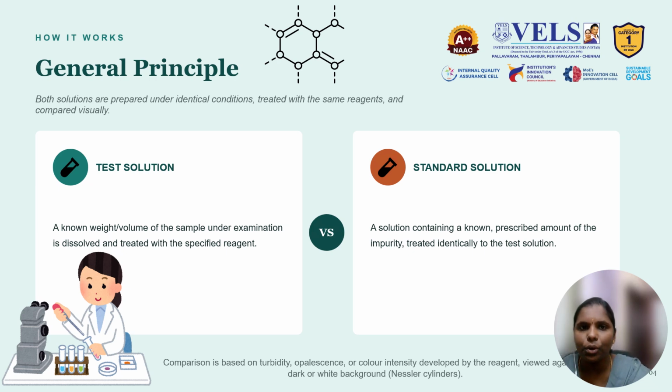These tests are usually carried out in a Nessler cylinder against a dark or white background. The simple rule to remember is the test should not be more intense than the standard solution. So this single statement applies to almost all the pharmacopoeial limits.